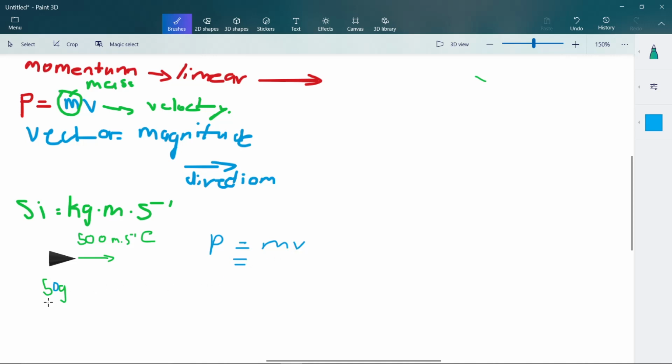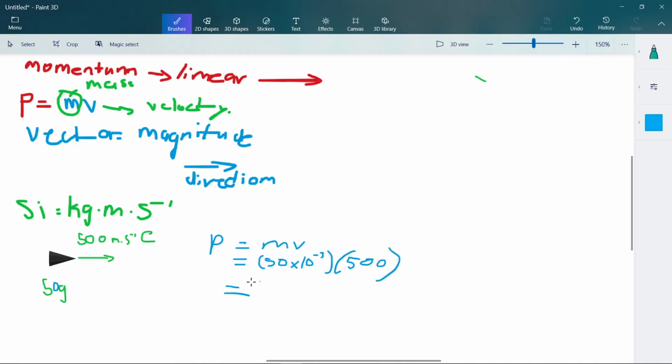We divide by 1,000, so the mass is 50 multiplied by 10 to the power minus 3 kg, multiplied by the velocity of 500 meters per second.